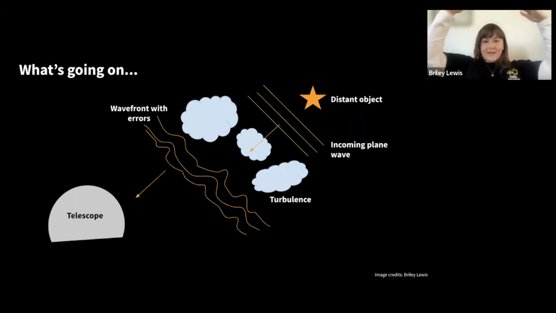And from this nice plane wave going through all those different lumps and bumps of temperature in the atmosphere, you end up with a wavefront of light that has all these bumps and wiggles in it. And that's what creates the blurry images that you see on a night with really bad seeing. So that's what's going on in the atmosphere, and we need to correct it.